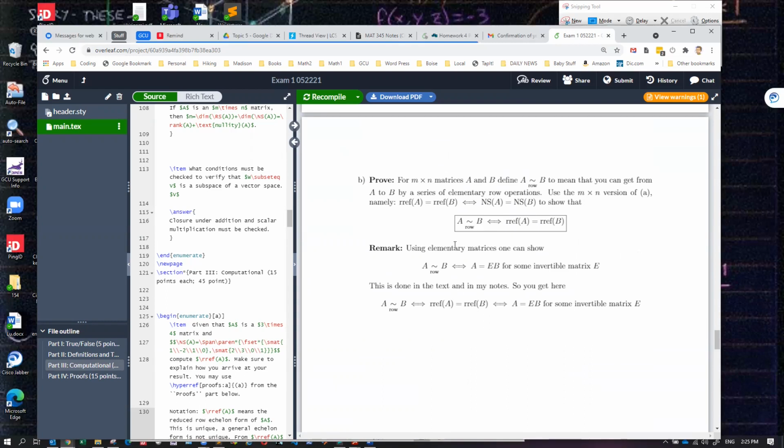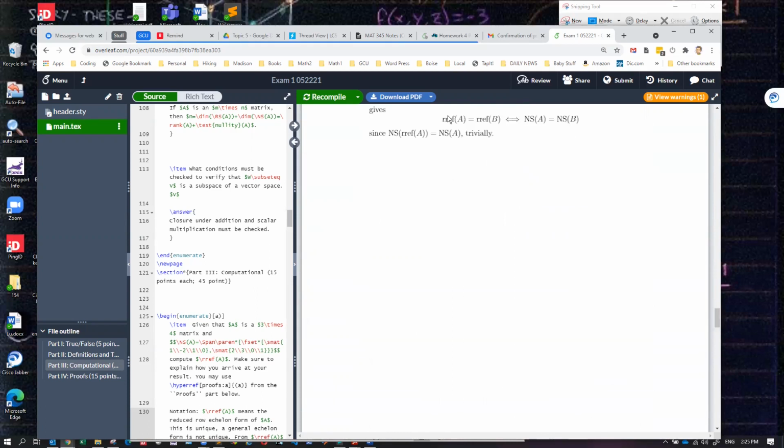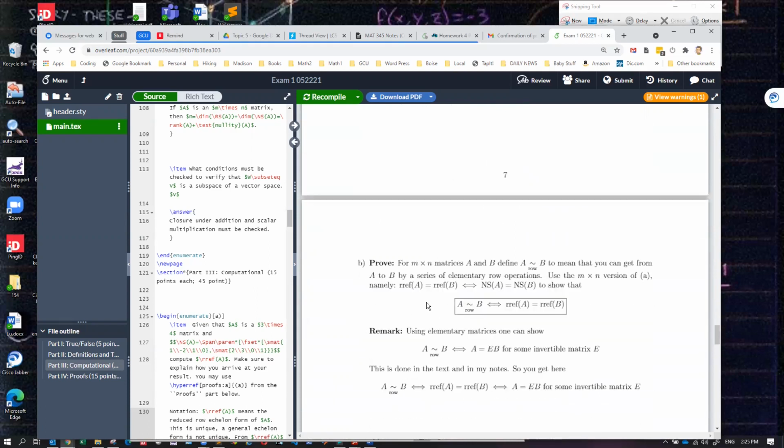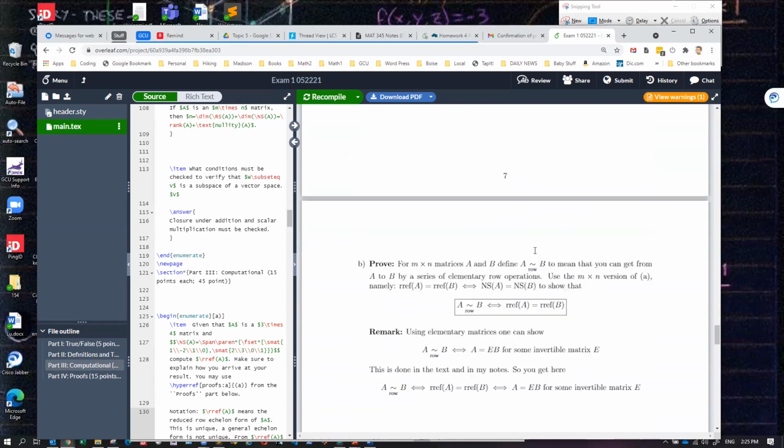So given A, using A, B is actually almost trivial. Basically, since they're row equivalent, they'll have the same solutions and the same null space.